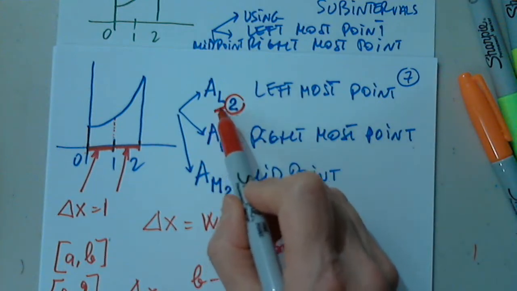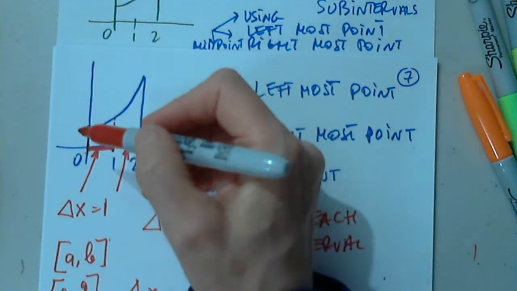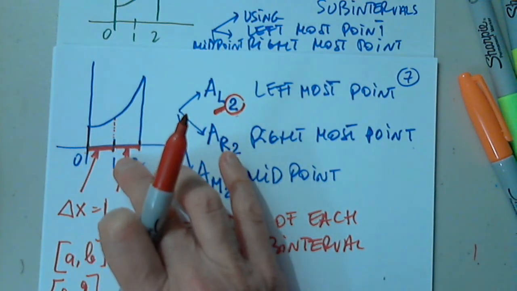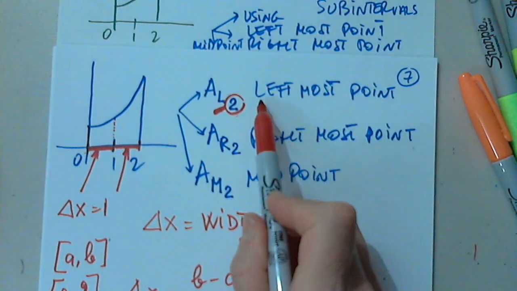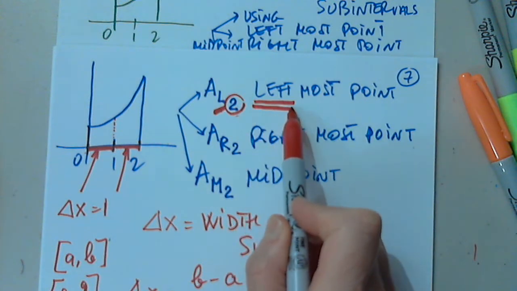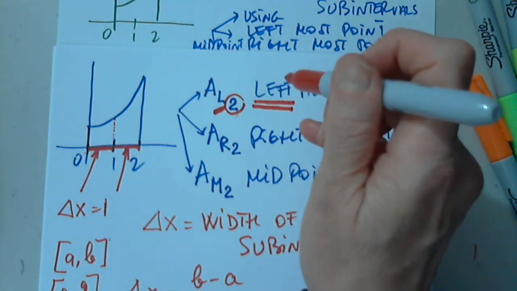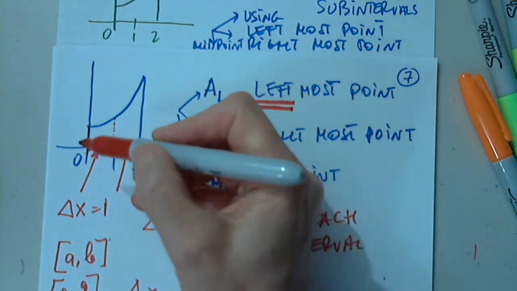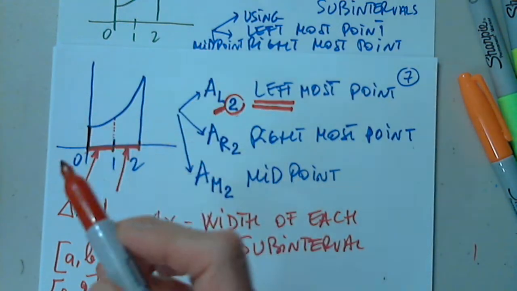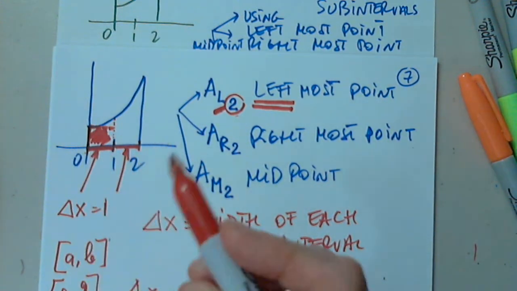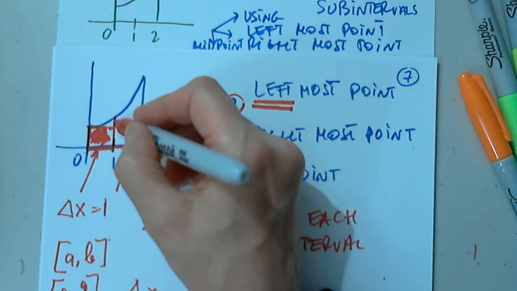Now, if I'm told to use the leftmost point, I will create on each of these two subintervals a rectangle that has the height, the left point of each subinterval. So this is the height for the first one. This is the height for the second one.